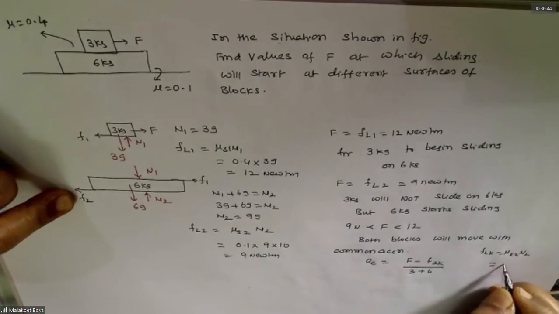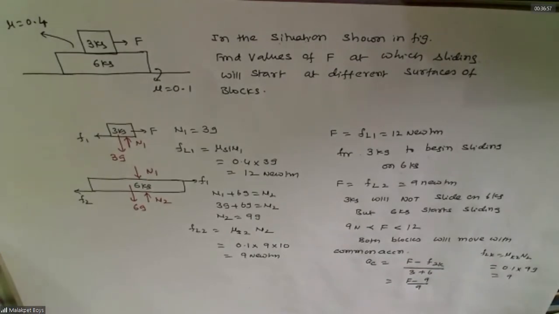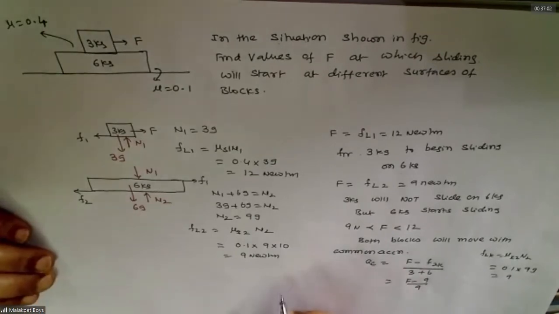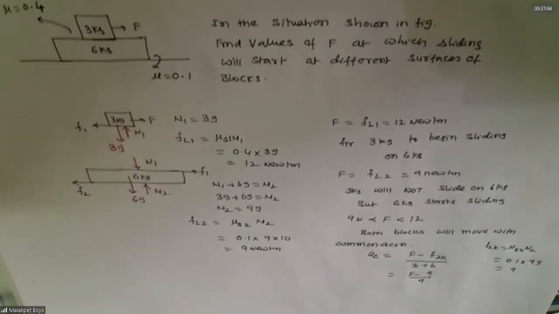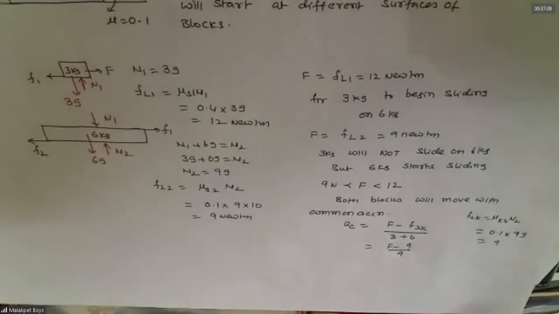That comes to same thing, no? 0.1 into 9g, same 9 Newton. Do you agree with this or not? That means till here you followed, no? Any doubt is there?